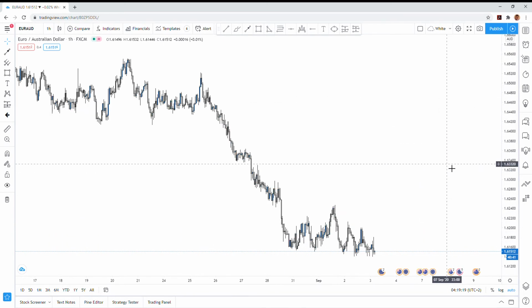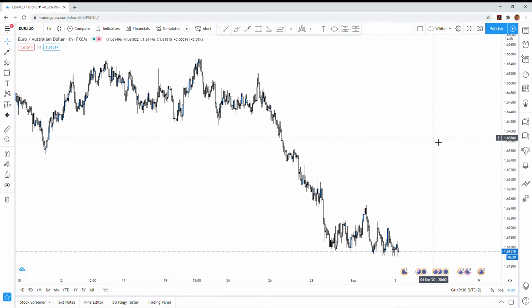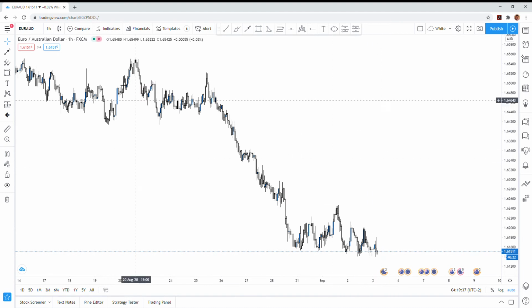I'm almost sure that the average trader would be seeing nothing in a way. Like, okay, price was in a downtrend, or price made a very big impulse to the downside, and price is just playing out.